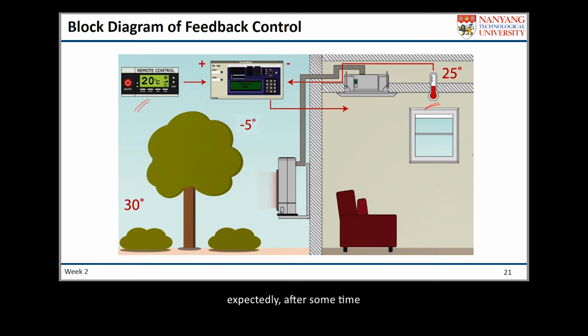So expectedly, after some time, the temperature of your room will be more or less equal to the setting temperature that you set in the remote controller. I have shared this story before in the first session, but now I will represent this system, the air conditioning system, in a block diagram form.